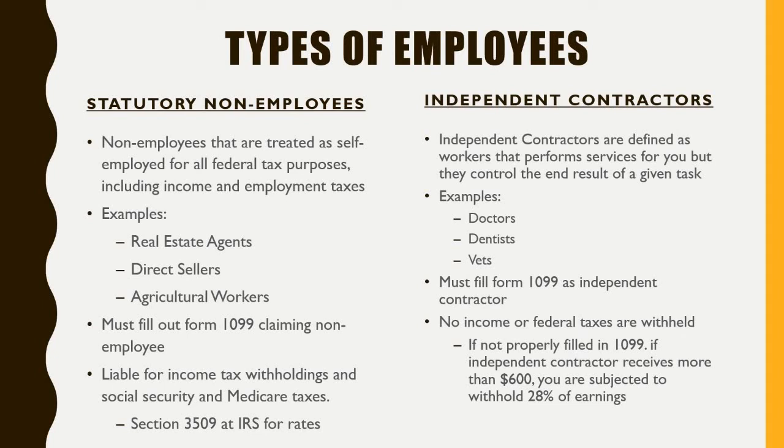For the statutory non-employee, the end result is all the same. The goal is to sell the home. For the independent contractor, every individual person is going to give you a different result. So they get to come into the office whenever they like. Their task is to do the job, but the end result is what's different between every individual person who works for your company.